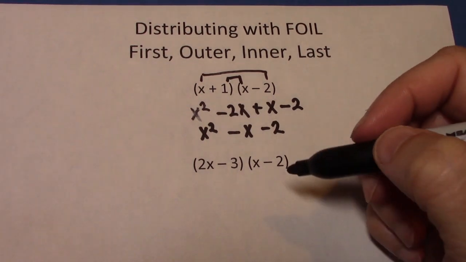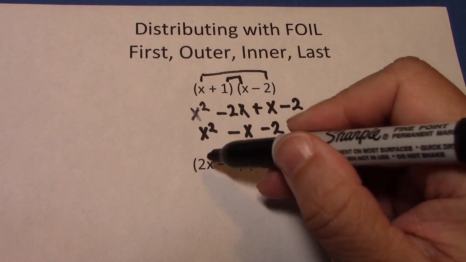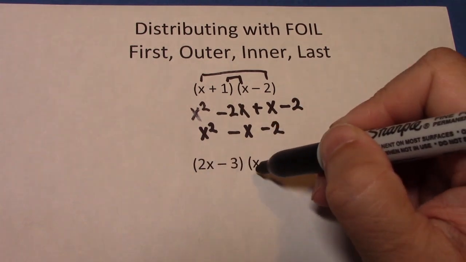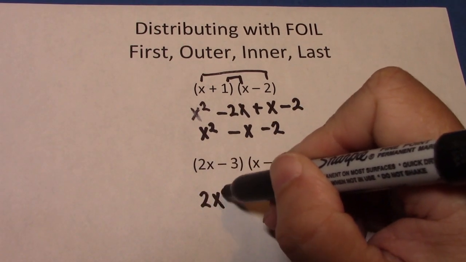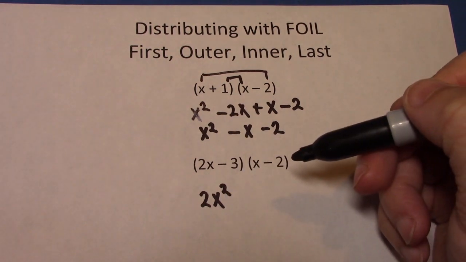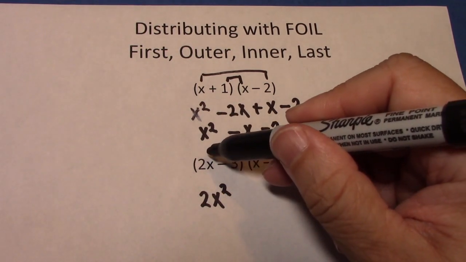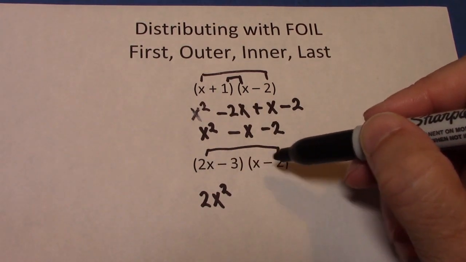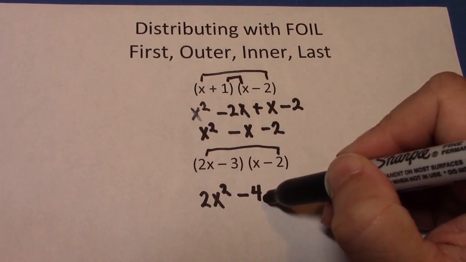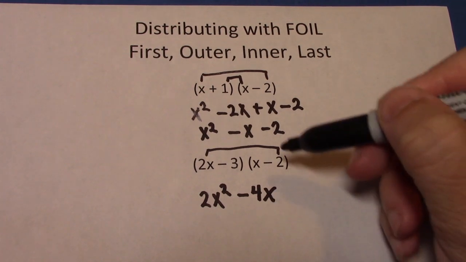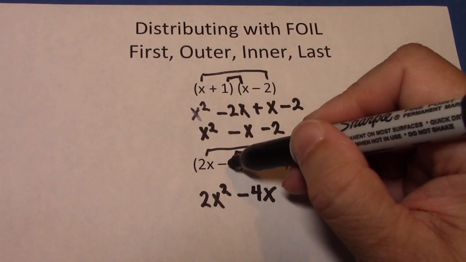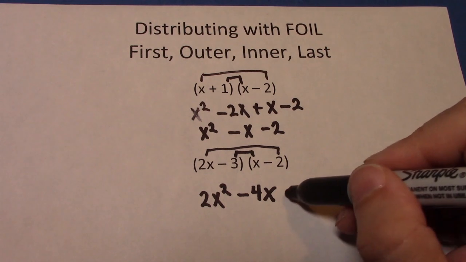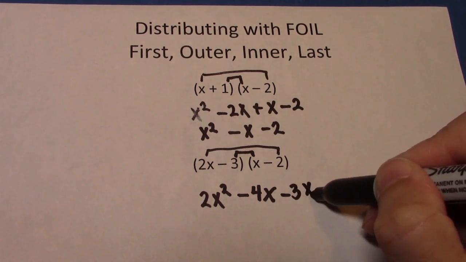All right, let's do that one more time. The firsts, that's 2x and x. 2x times x is 2x squared. The outer, 2x times negative 2 is negative 4x. Now the inners, negative 3 times x, negative 3x.